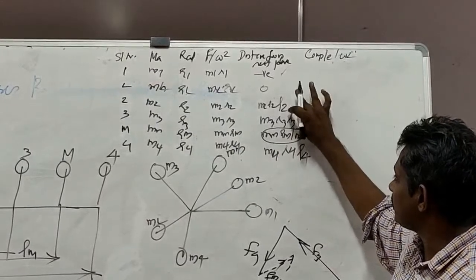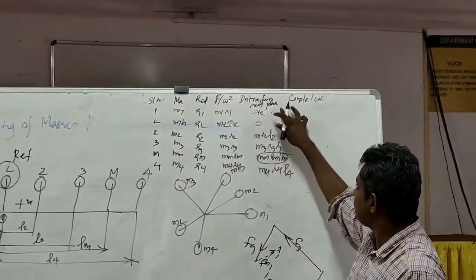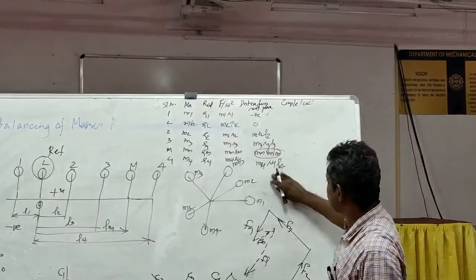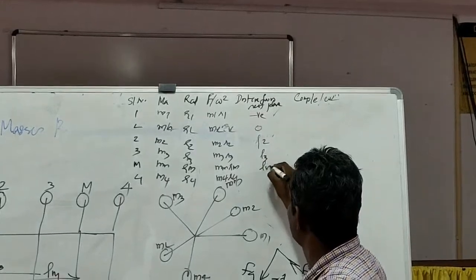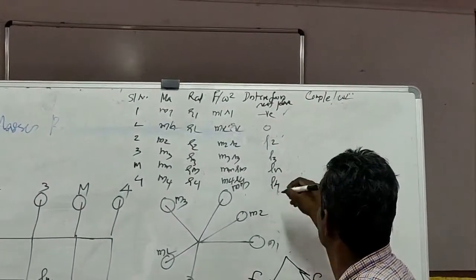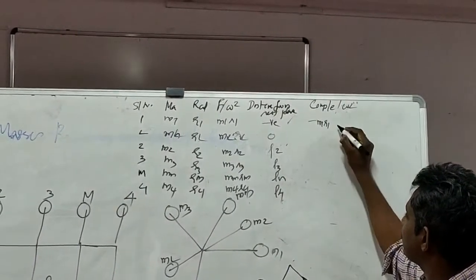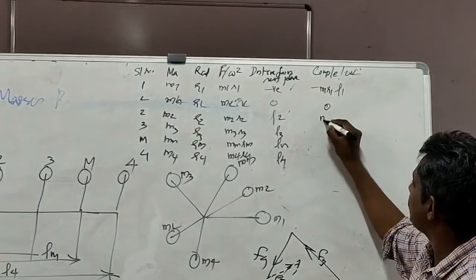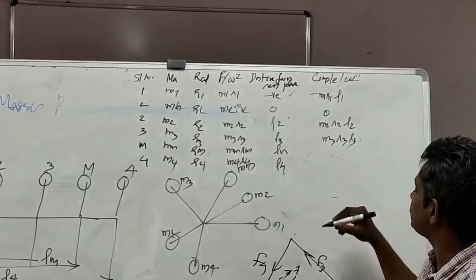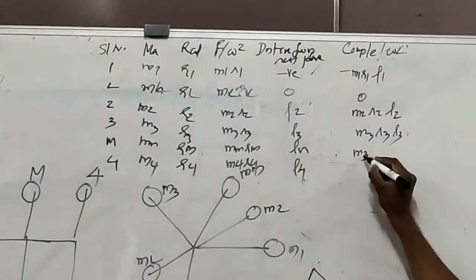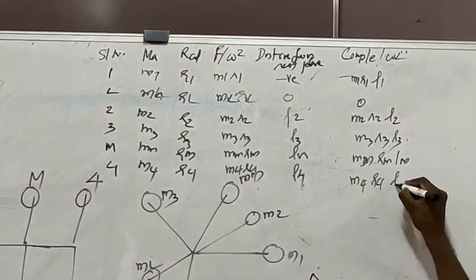These are known quantities 1, 2 and 3, and 0 is a known quantity. So you can mark the distances as L2, L3, Lm and L4. Couple by omega square is M1 R1 into L1, here 0, M2 R2 L2, M3 R3 L3, MM RM Lm, and M4 R4 L4.